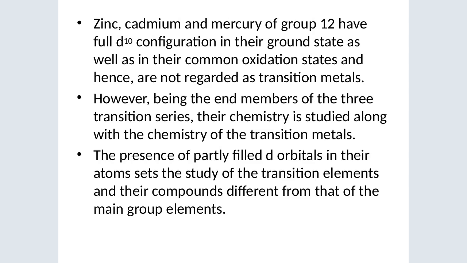Zinc, cadmium, and mercury, which are group 12, have a full configuration of D10 in their ground state and do not have any of their common oxidation states having incomplete D configuration, and therefore they are not regarded as transition metals. However, being the end metals of the three transition series, their chemistry will be studied alongside the transition metals. It's the presence of this partially filled D orbital that makes the chemistry of these elements interesting.